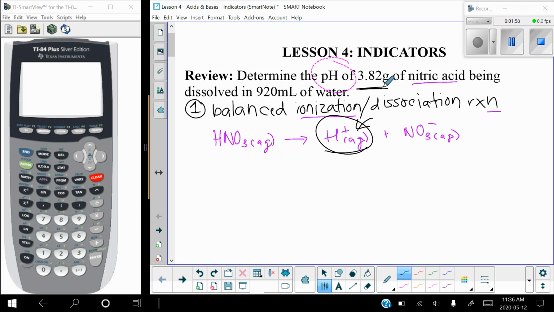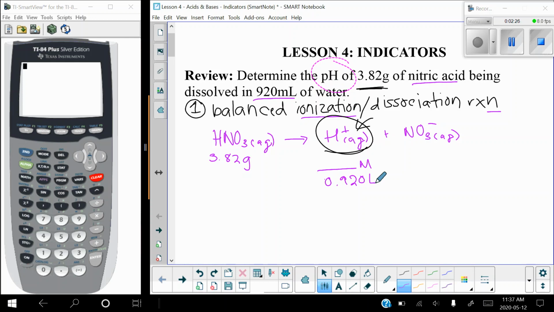We have 3.82 grams of nitric acid. We are going to find the concentration of this H plus because it's the one that'll relate to the flow chart. Molar concentration, we're going to relate that with our volume, 0.920 liters.